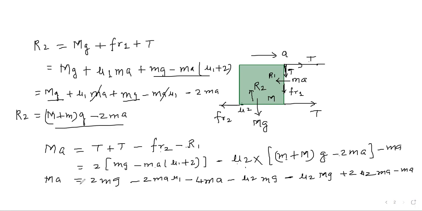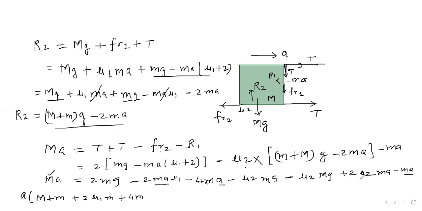So we can write all terms containing A on the LHS. If we write A outside, we will get M from here. Then this term will give plus M. Then the A containing term is this, so this will become minus. We are taking it to LHS, so this will become plus twice of mu1 small m. And from here, this will become plus 4m.